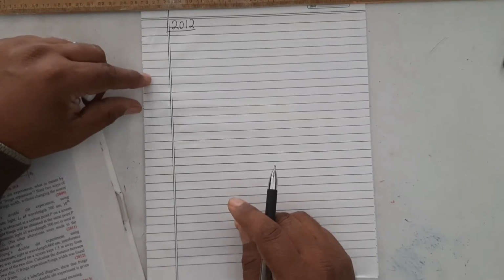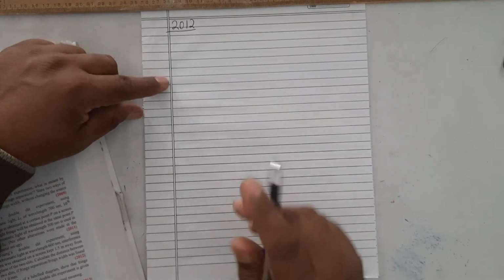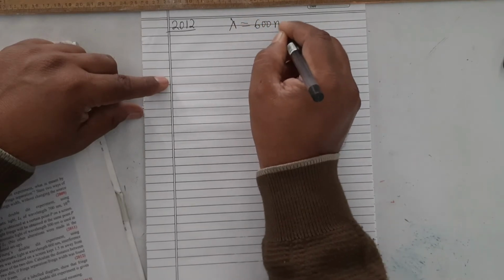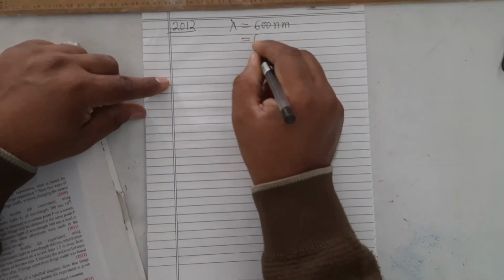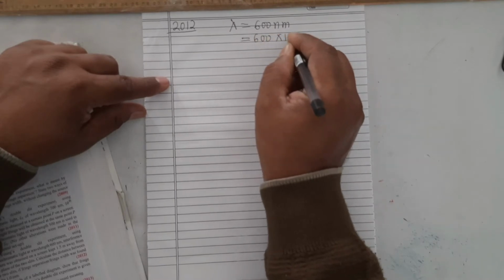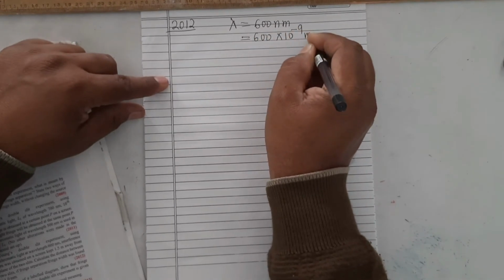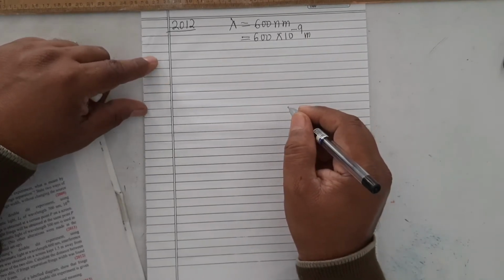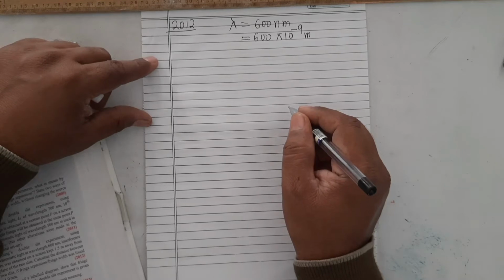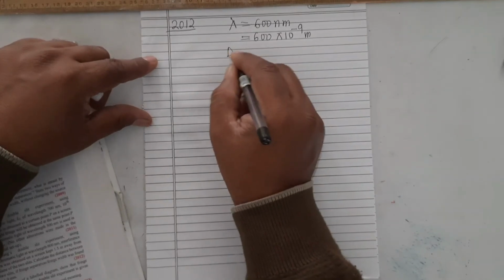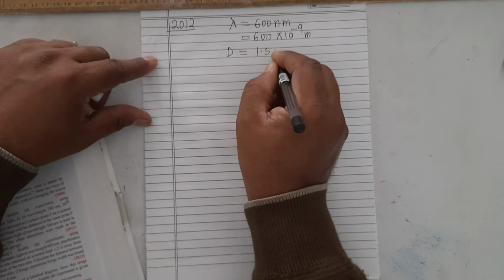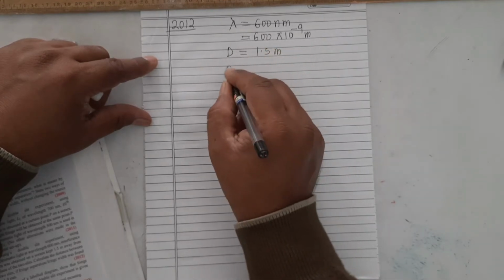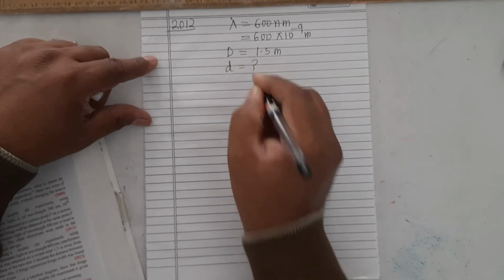In YDSE using monochromatic light of wavelength 600 nanometer, lambda equals 600 into 10 to the power minus 9 meter, an interference pattern was obtained on a screen kept 1.5 meter away from the plane of the two slits. Means capital D equals 1.5 meter. Calculate the distance between the two slits, that is small d you have to determine.